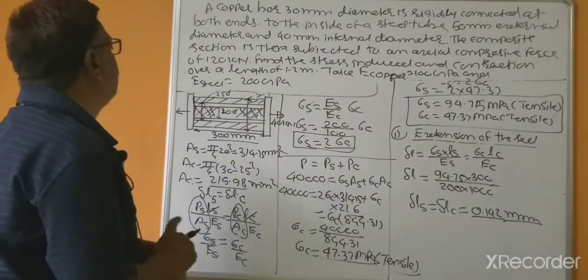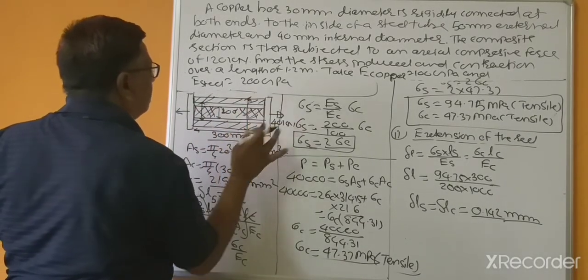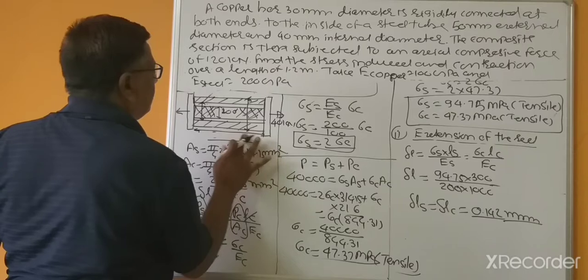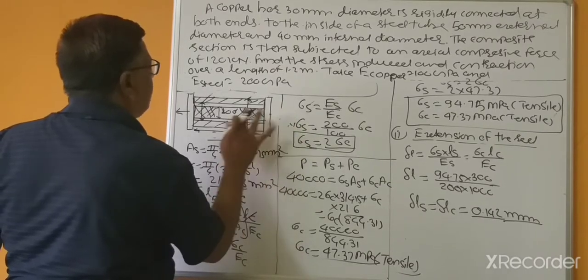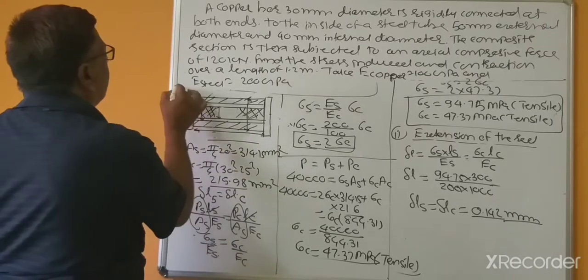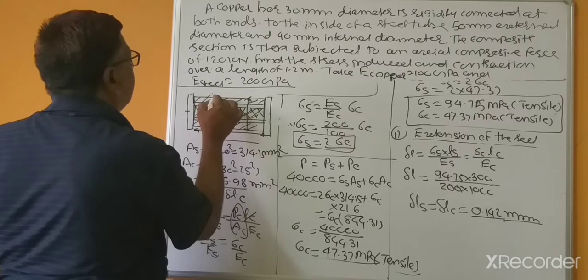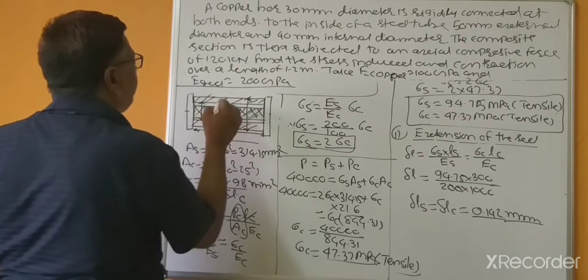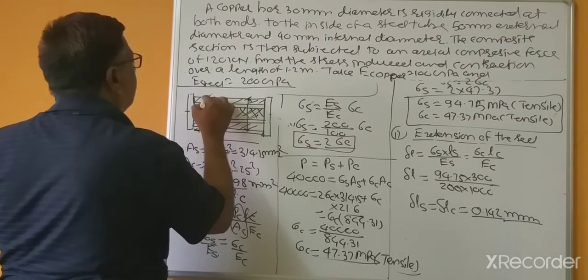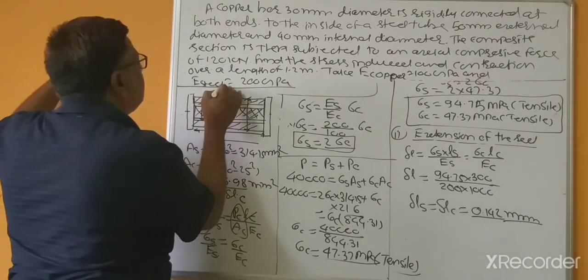Now the internal diameter and the force are changed. So this is the copper bar, this is the steel tube.